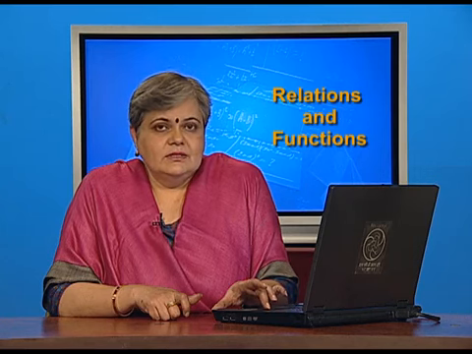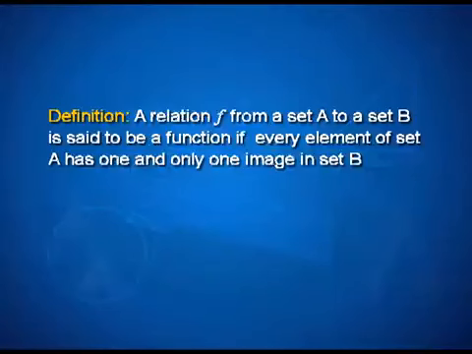Here is the definition. A relation F from a set A to a set B is said to be a function if every element of set A has one and only one image in set B. Now, the word that is highlighted here is every.